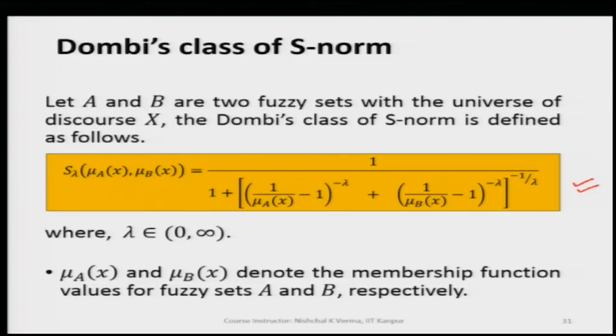So, here also we take two fuzzy sets, and if we are interested in the union of these two fuzzy sets, we can either use the basic S norm, where we take the max, or in the parameterized norm we have the expression given by Dombi's class of S norm.